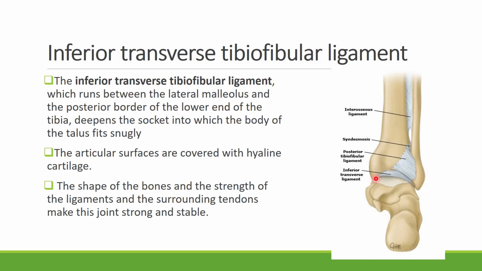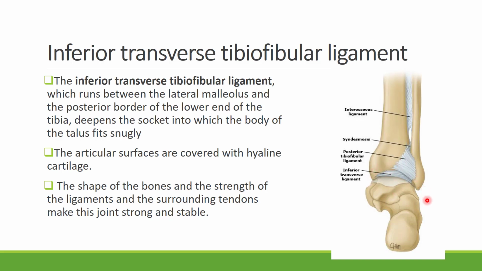It is inferior in location, that's why it is named inferior. It is transverse, and it is in between the tibia and the fibula. That's why it is named the inferior transverse tibiofibular ligament. This ligament runs between the lateral malleolus of the fibula and the posterior border of the lower end of the tibia. It deepens the socket into which the body of the talus will fit.